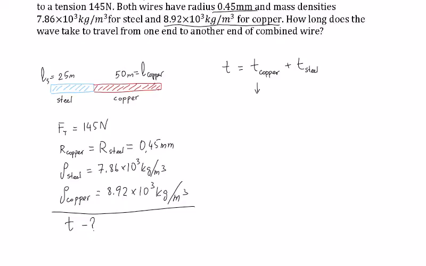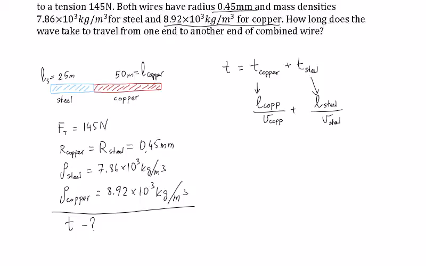So for the copper it will be length of the copper divided by the speed of the wave in the copper, plus for the steel we will have length of steel wire divided by the speed in the steel.